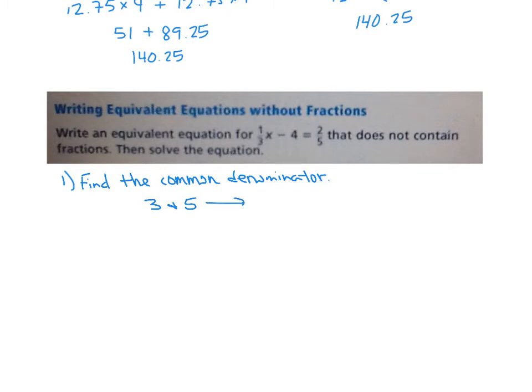So that is 15. Okay? Then we're going to multiply each term by the common denominator.